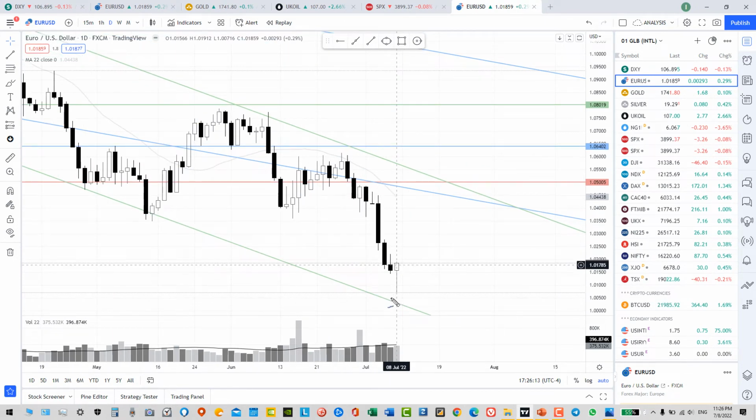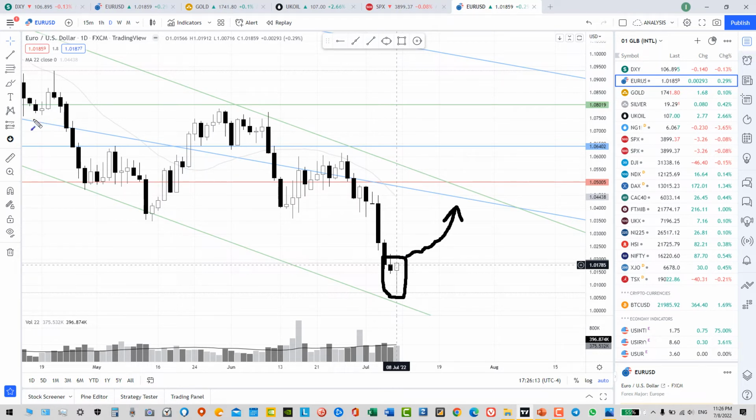For now, you can notice this hammer that may indicate a kind of correction to the upside. This correction is short against the prevailing impulsive downward wave and also against the prevailing major downtrend, and it will face lots of resistance.